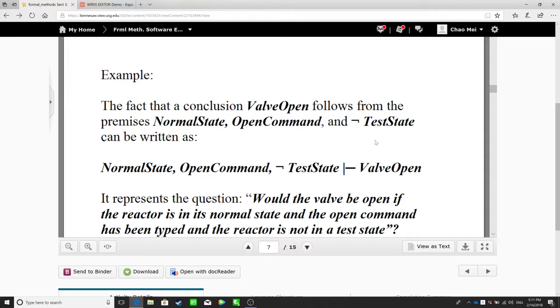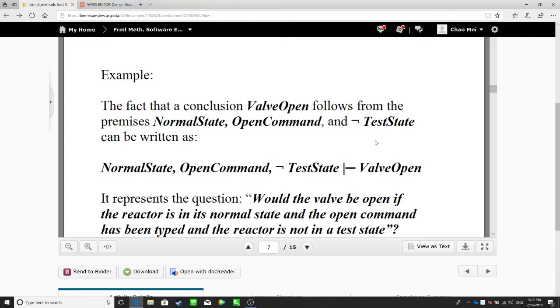So from that we can prove the conclusion. That means if the conclusion is wrong, there is a contradiction in the premises, then we can prove that this conclusion is correct.